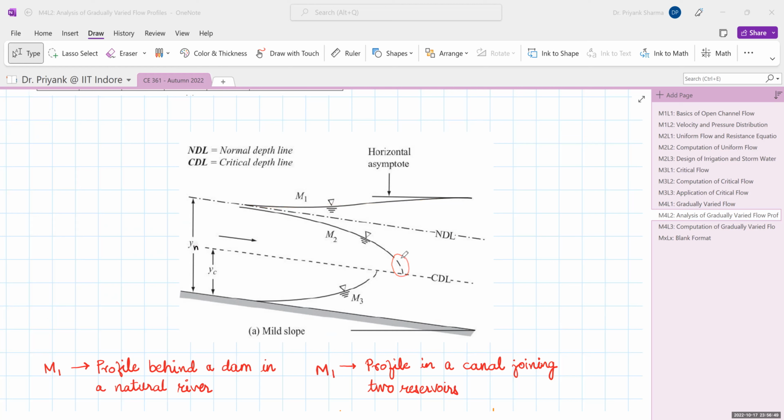Because it does not touch here, it meets vertically, so there is a discontinuity in the flow profile, so it is shown by a dashed line, almost vertical when it touches the CDL. Similarly your M3 profile also, so these three profiles can be shown. So this is zone 1, zone 2 and zone 3.